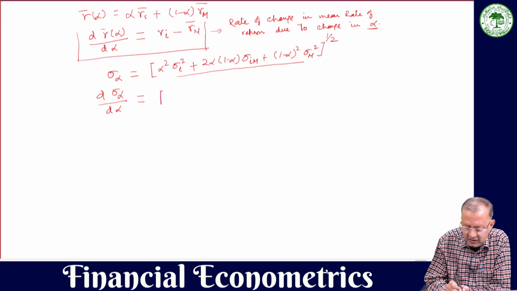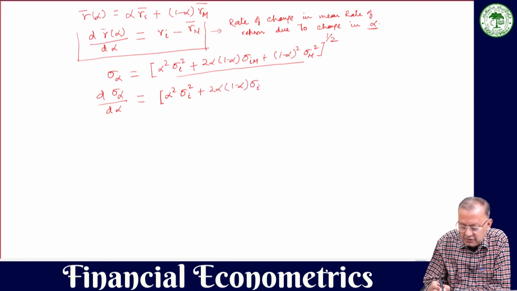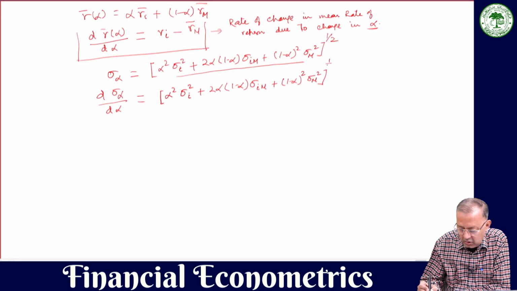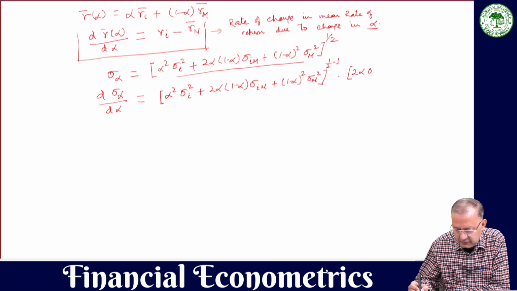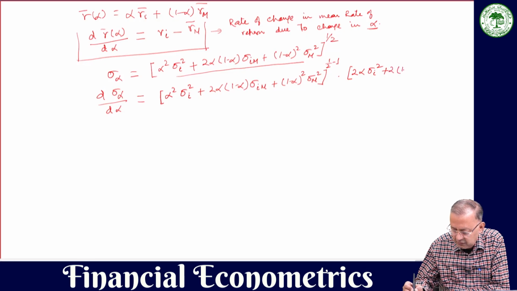The result will be equal to sigma alpha to the power half minus 1 into twice alpha sigma I square plus twice 1 minus 2 alpha sigma im plus twice alpha minus 1 sigma m square.